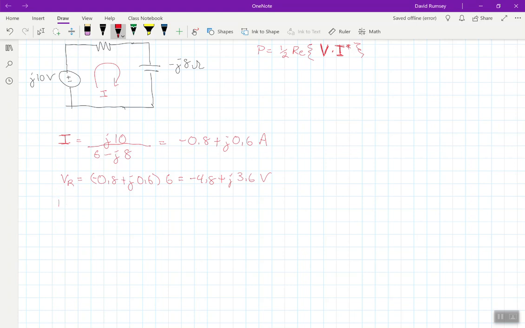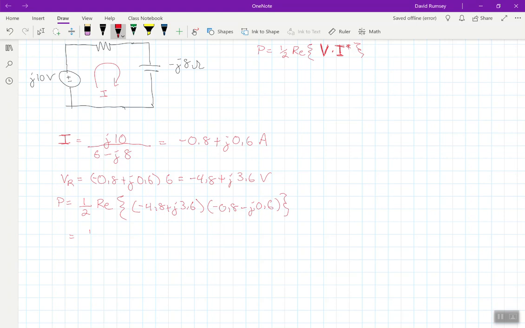And now I'm going to go ahead and compute the power, and this is 1/2 the real part of the voltage, which is minus 4.8 plus j3.6, times the conjugate of the current, so it's minus 0.8 minus j0.6, because I have to do the conjugate of the current.